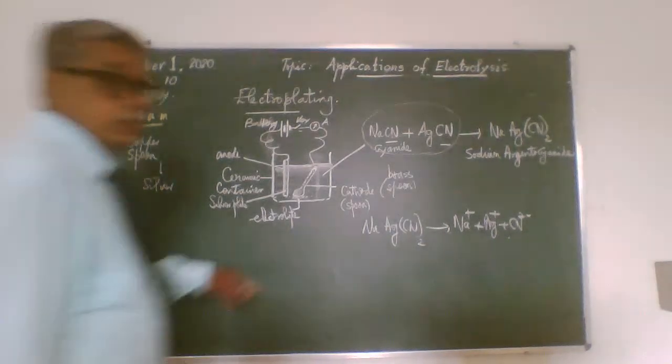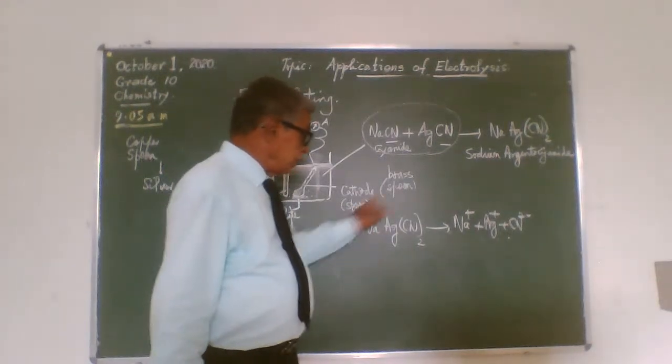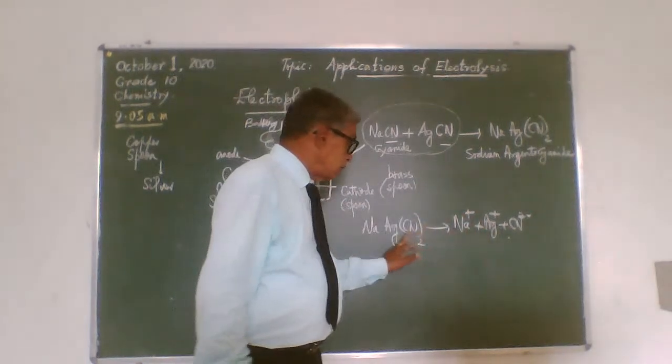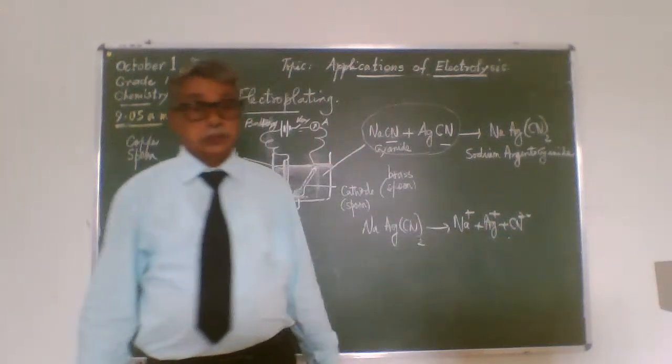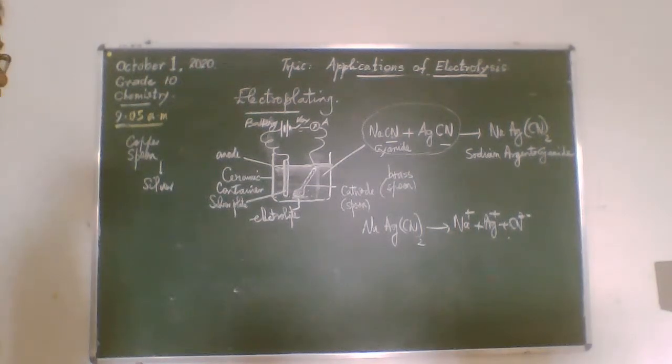Hope you understand this. NaAg(CN)2 gives Na ion, Ag ion, and cyanide ion, where the cyanide ion has valency 2.